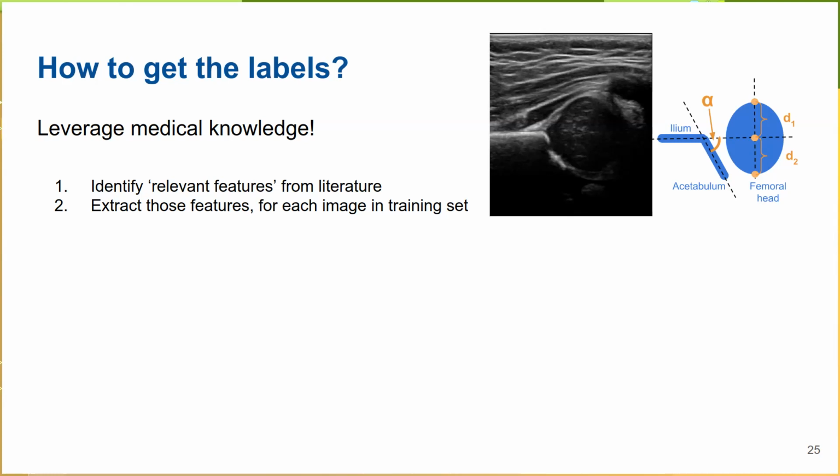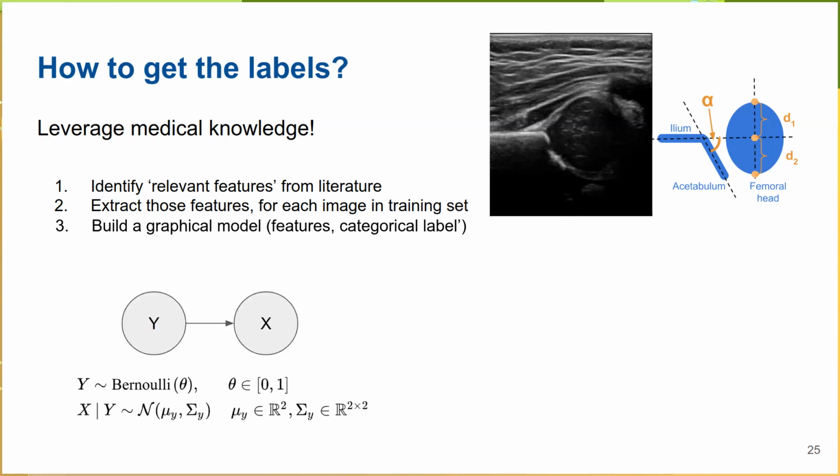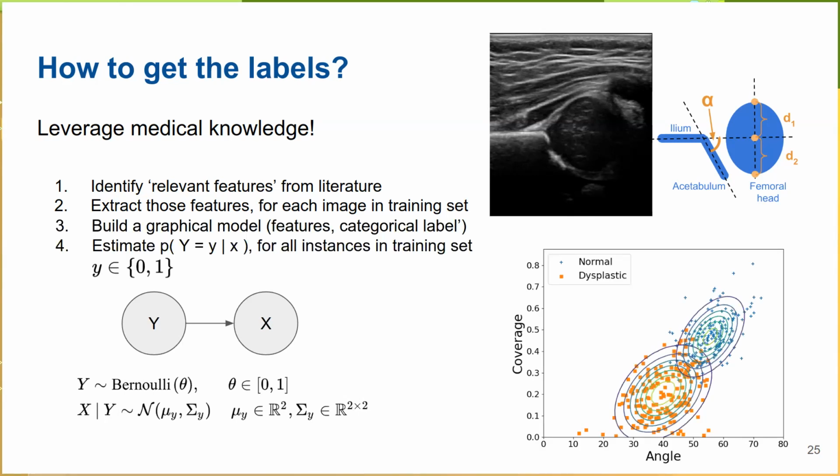So if we extract this alpha and ratio from every image, then we can build a graphical model on top of that. So we know the hard or categorical label given by the expert, dysplasia or normal, and we also know the angles. Then if we build the graphical model and put probabilities, then for every image we can estimate the probability of belonging to either of the two classes.